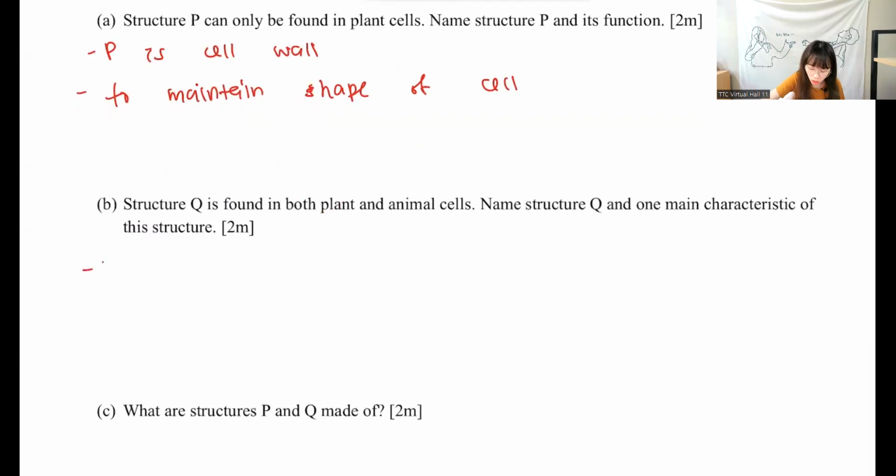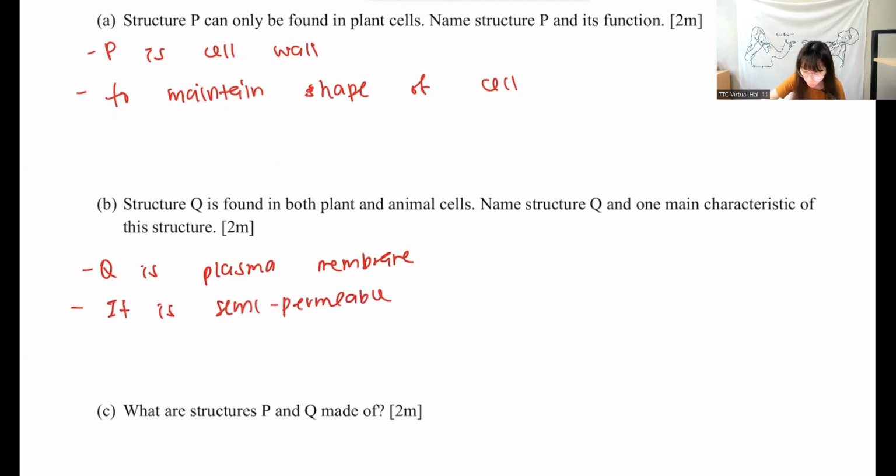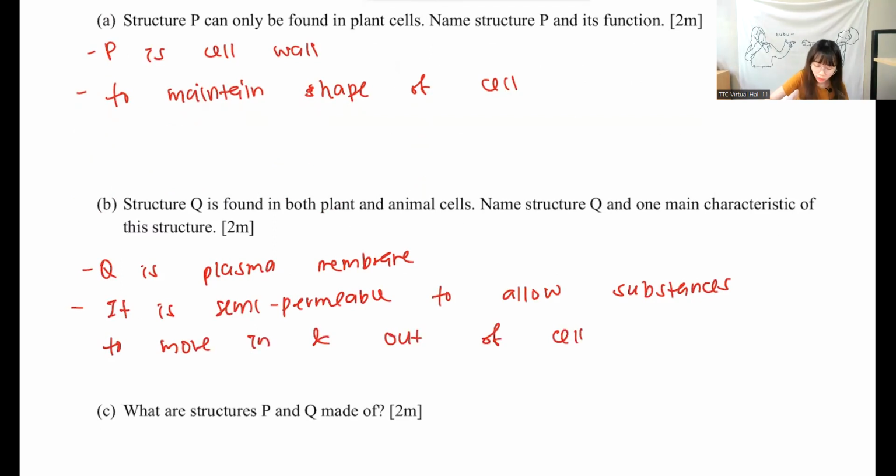So we have to say Q is plasma membrane. And then you write it is semi-permeable to allow substances to move in and out of cell. So you have to write what?